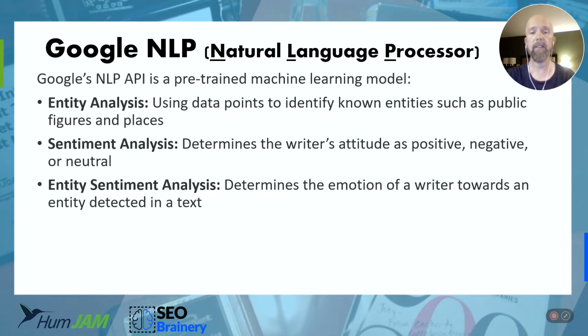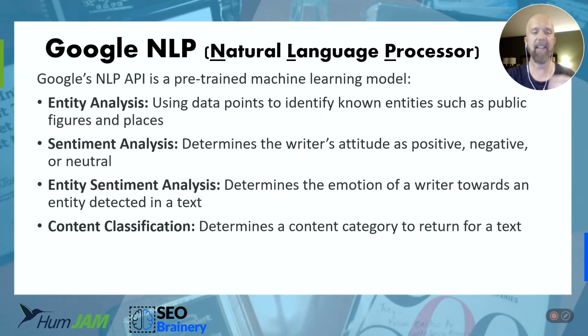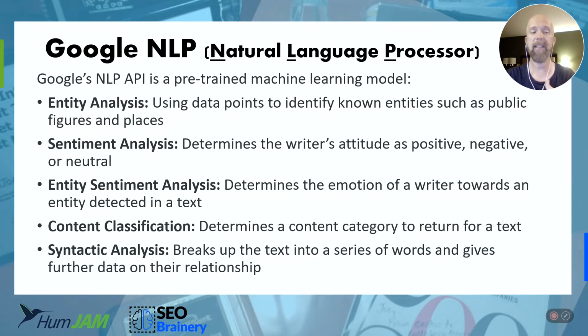So there's a sentiment analysis on the writer's attitude, and then an entity sentiment analysis, which is the emotion of the writer towards the entity. We'll get into that. And then content classification, which determines a content category for the text. And then syntactic analysis, I know this is a crazy word, which breaks up the text into a series of words and gives further relationships on their data.